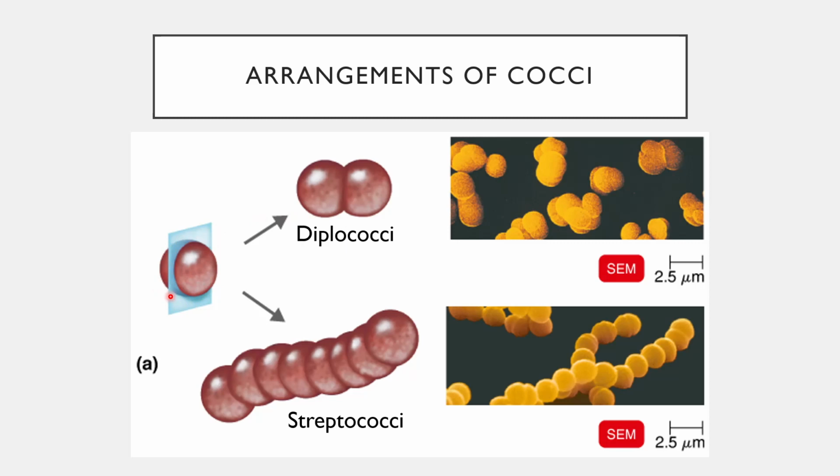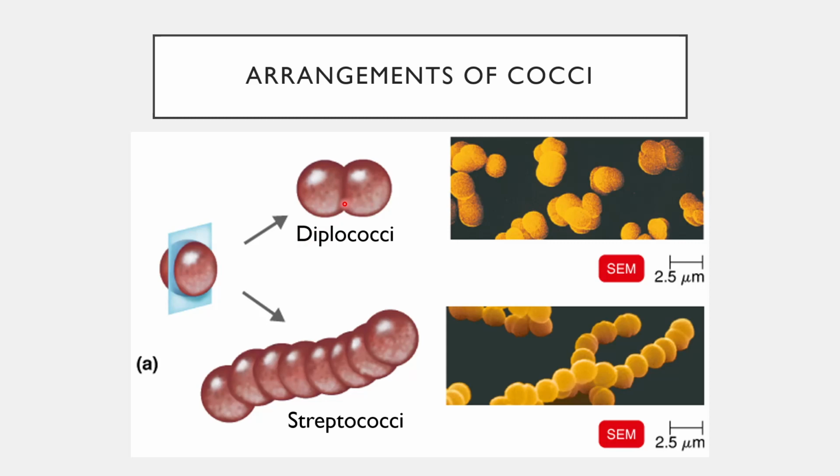So here we have a single coccus bacterium, and two possible arrangements for coccus bacteria are the diplococci arrangement and the streptococci arrangement. Diplococci is what you get when a single cell divides once, splits into two through binary fission, and then those two cells remain stuck together in this arrangement.